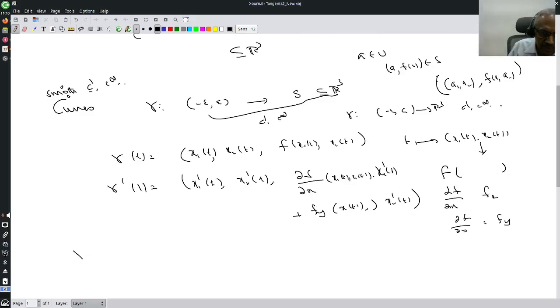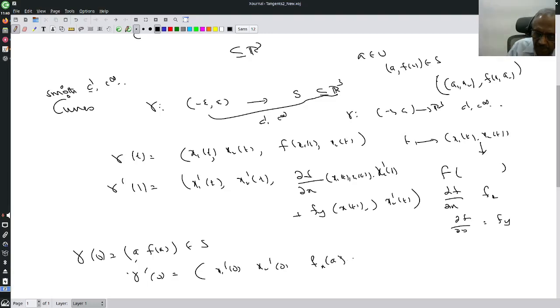Now we'll assume that gamma of 0 is my point (a, f(a)) in S. I want to look at the tangent vector to gamma at the point 0. That is going to be (x1 prime 0, x2 prime 0, fx at the point a times x1 prime 0 plus the partial derivative fy at the point a times x2 prime 0).